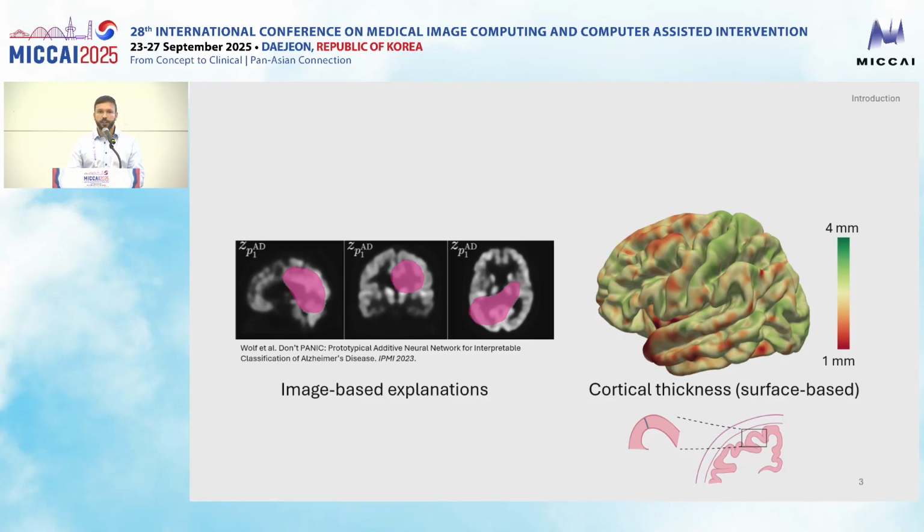Instead, cortical surface maps, for example cortical thickness, provide us very interpretable maps and quantitative biomarkers of cortical morphology. In our work, we bridge this gap and we developed a model that can actually provide explanations based on these interpretable surface maps.